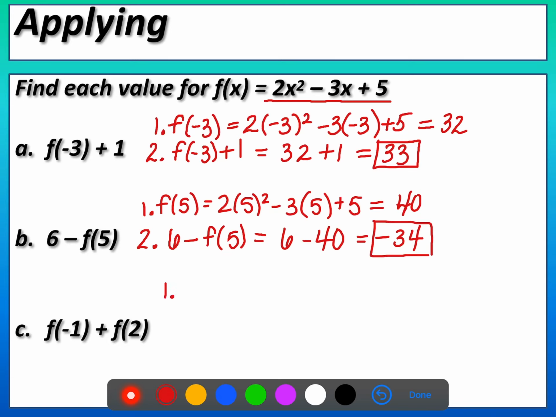Okay, very last one. So part C, 2 steps again. So my first step is going to be to evaluate f of -1. So we're replacing the x value. Okay, replace that with -1.